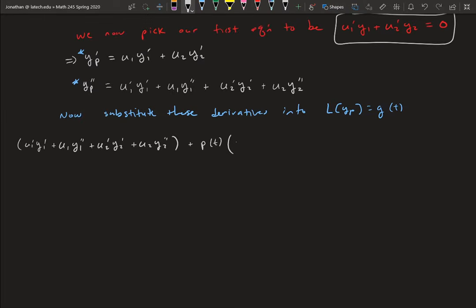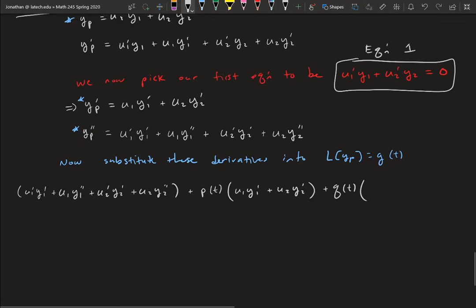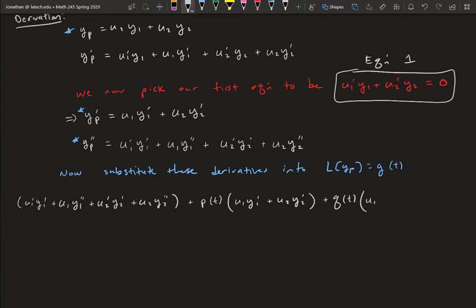Well, yp prime was u1 y1 prime plus u2 y2 prime, plus q of t times y, and that was just u1 y1 plus u2 y2, equals g of t.